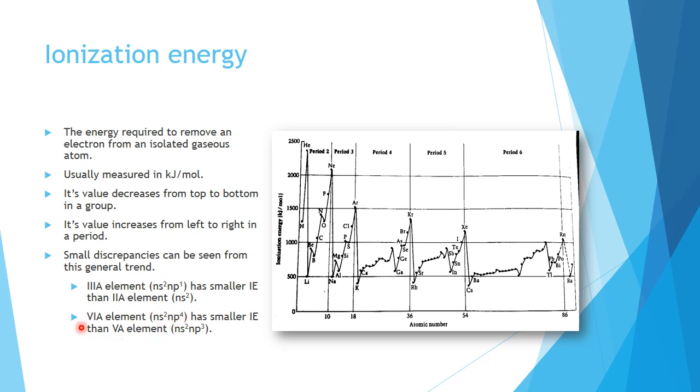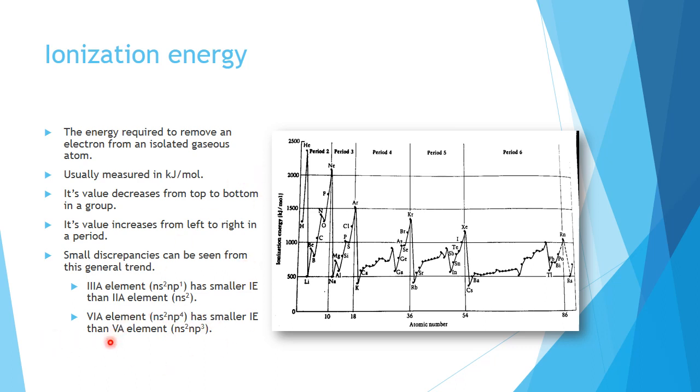Because in group 6A elements, the np4 orbital possesses some sort of repulsion between the electrons, because all the px, py, pz orbitals have been filled, and the paired electron which is coming in the 2px orbital experiences some sort of repulsion from the other p electrons. Due to that repulsion, it becomes easier for us to give slight energy and then remove its electrons.